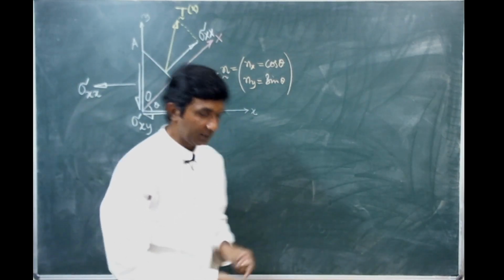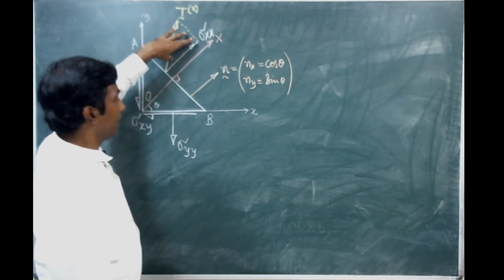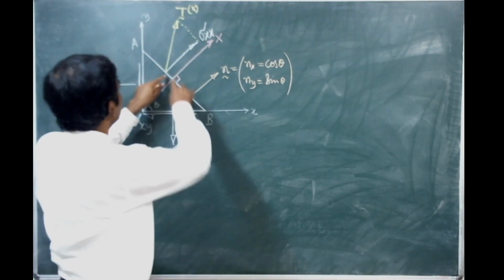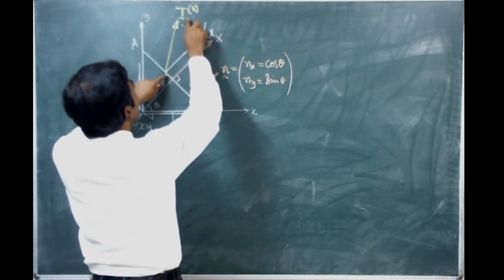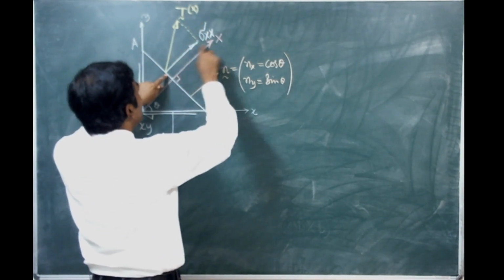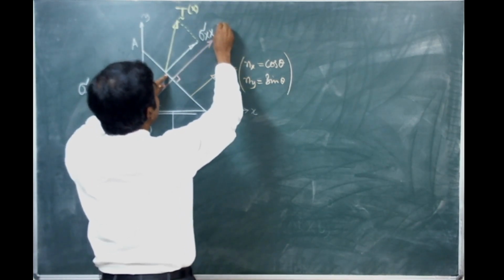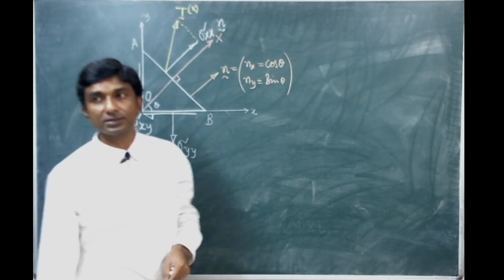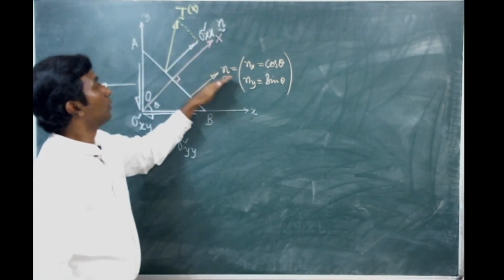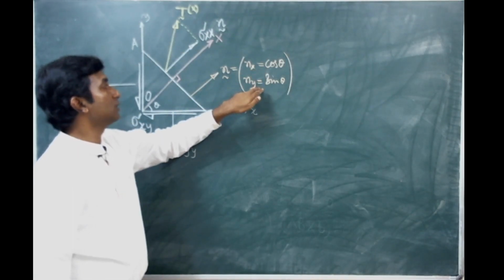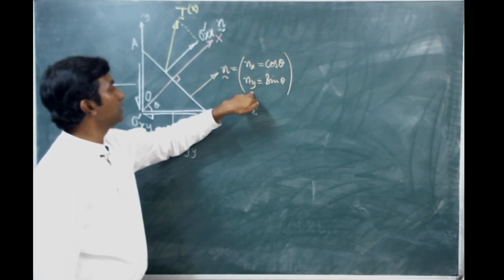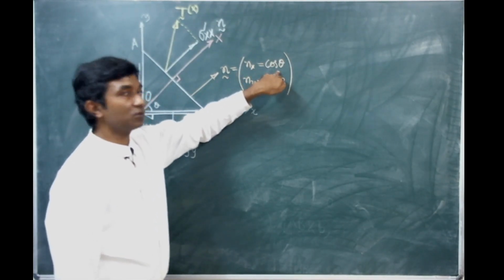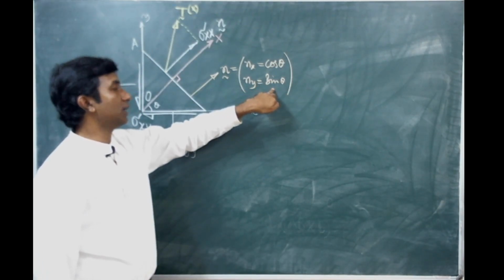The component of traction vector T along the capital X direction is sigma capital X times the unit vector n, where n has two components, two direction cosines, nx and ny. They are measured as nx equal to cosine theta, and ny equal to sine theta.